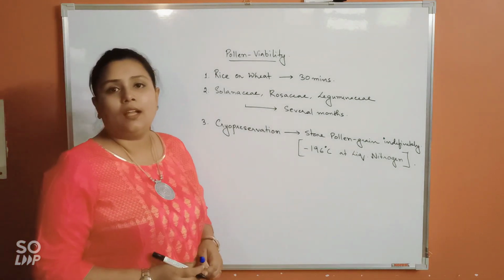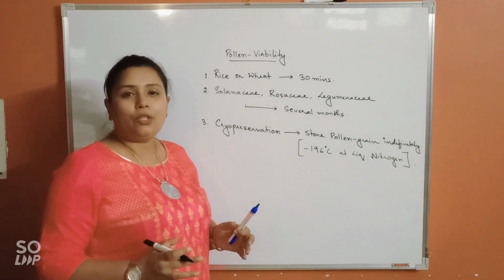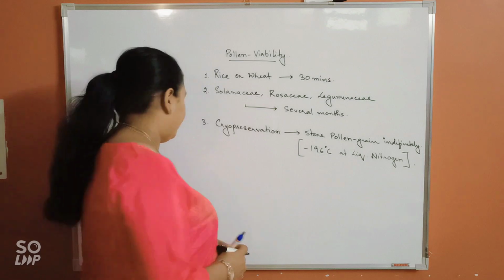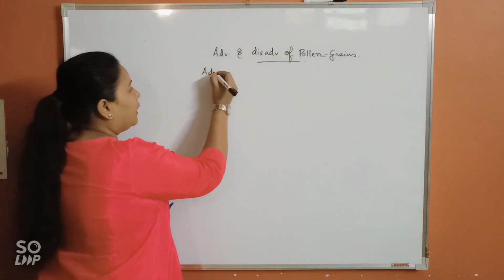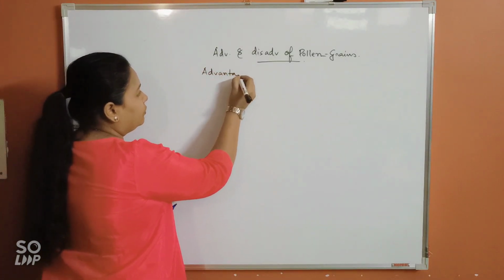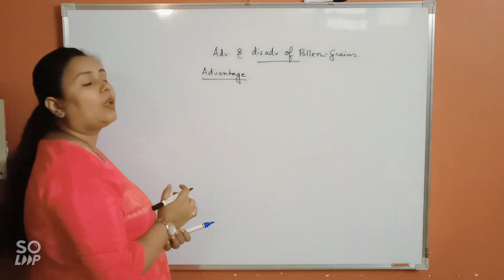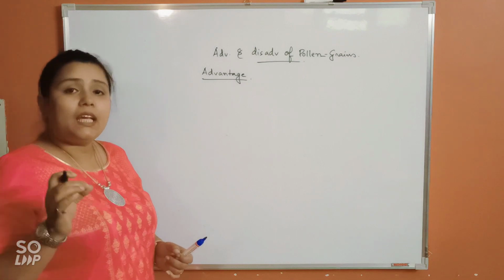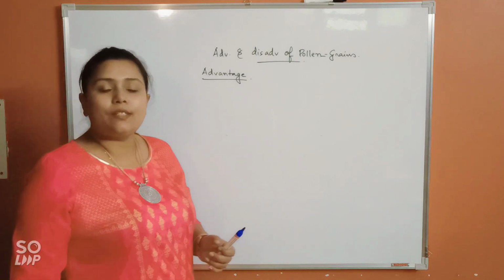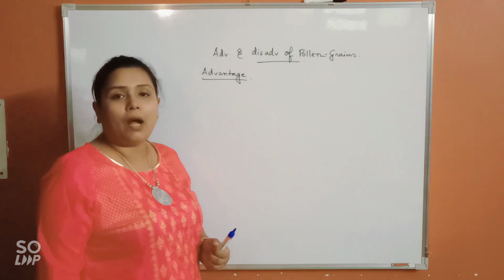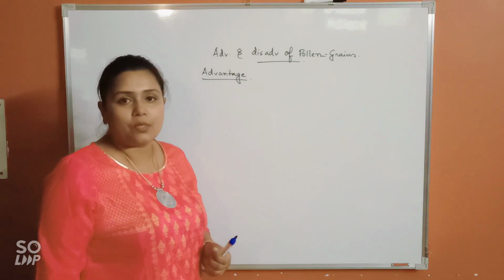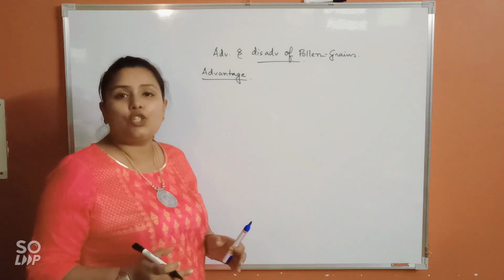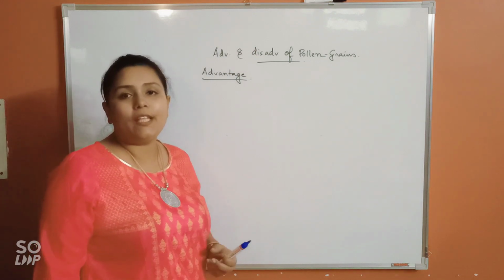Next, let us discuss a few things regarding advantages and disadvantages of pollen grains. First, starting with the advantage. Mostly bee collected pollen grains are nowadays collected and sold in the market in the form of tablets and syrups. Why? Because these pollen grains are highly enriched with proteins, carbohydrates as well as minerals.